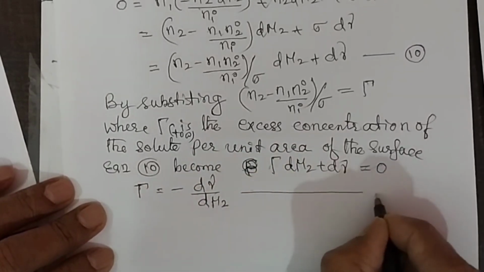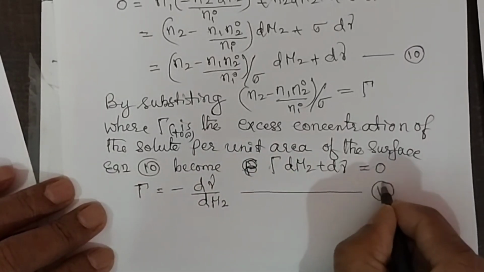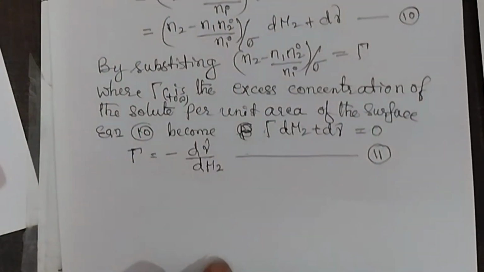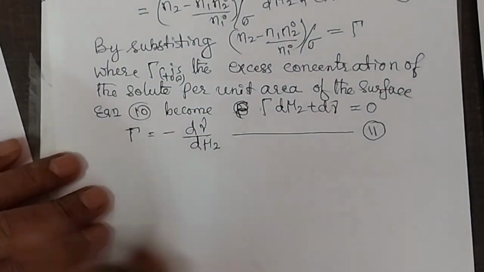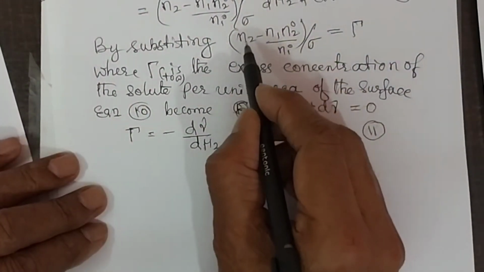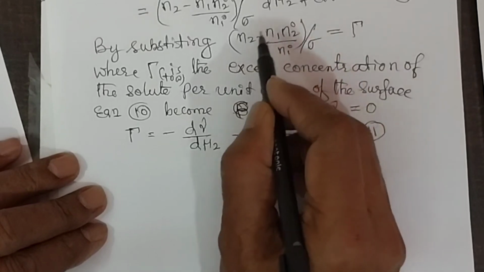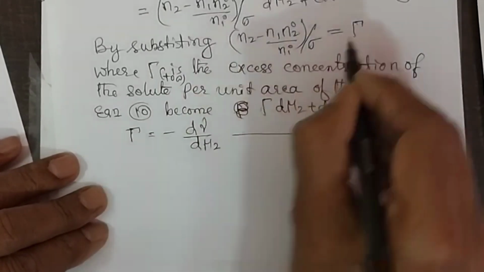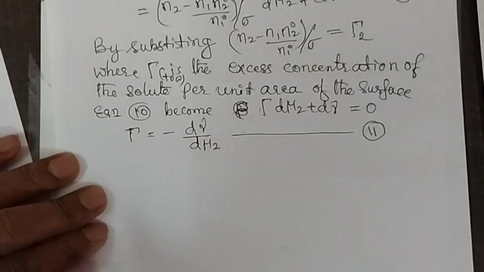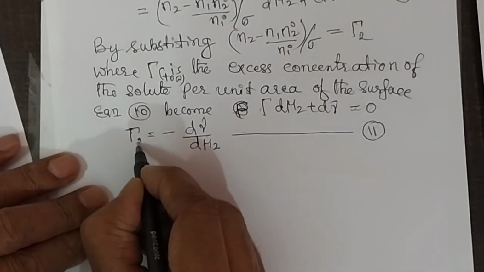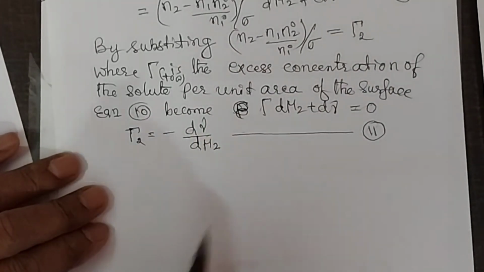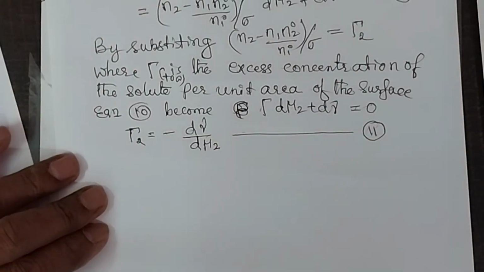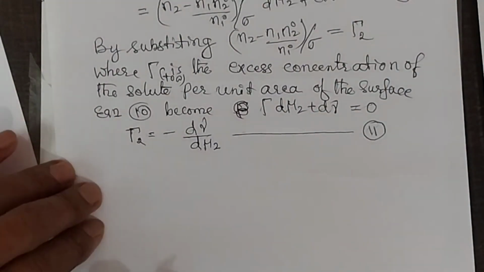Suppose this is equation 11. And this is the excess concentration of the solute, means 2. This is for solute 2. Therefore, tau 2 means the excess concentration of the solute.